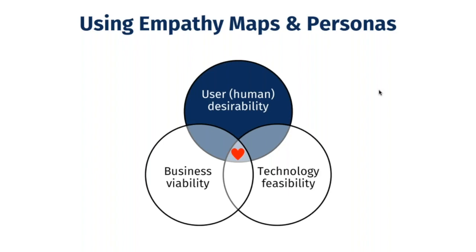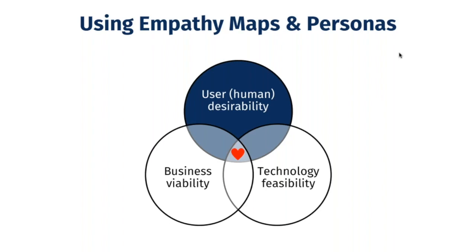So as Sharon was talking about this sweet spot, empathy maps and personas can really help us to find that balance. We often have a lot of information about what's viable for the business and what technologically makes sense or is available, but I feel like we do not always do a great job of collecting that top circle, that user information.